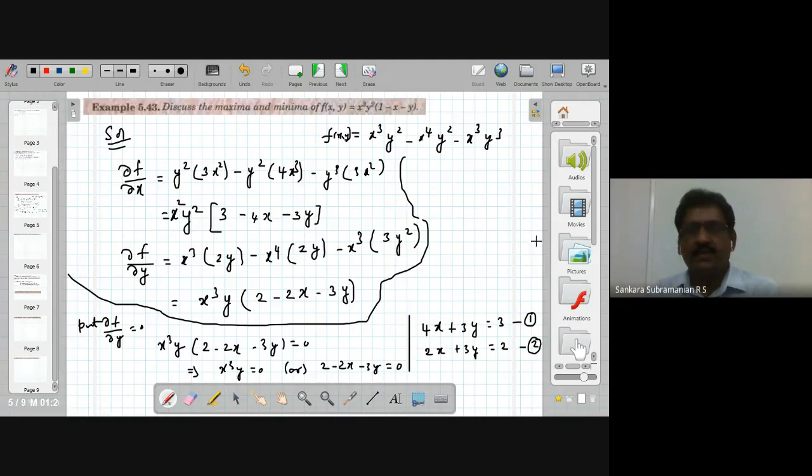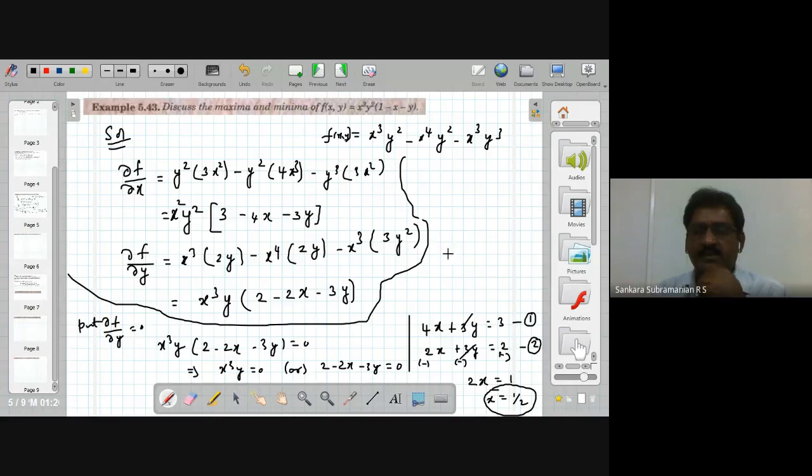Now I have to solve for x and y. So simply by taking a subtraction, I can get the value for x. 4x minus 2x, you get 2x equal to 1. So x is equal to 1 by 2.